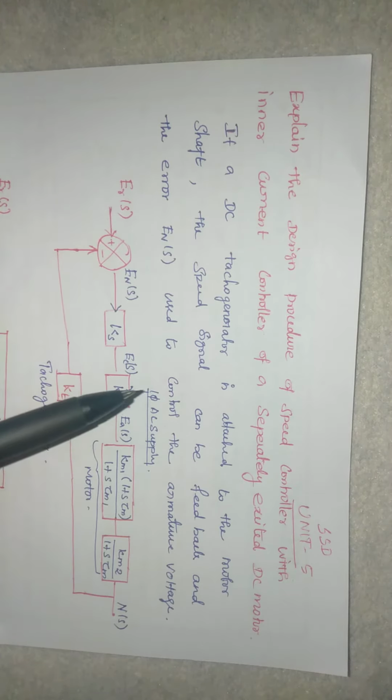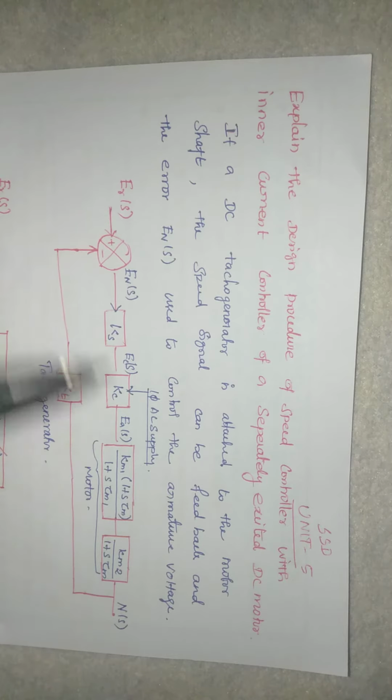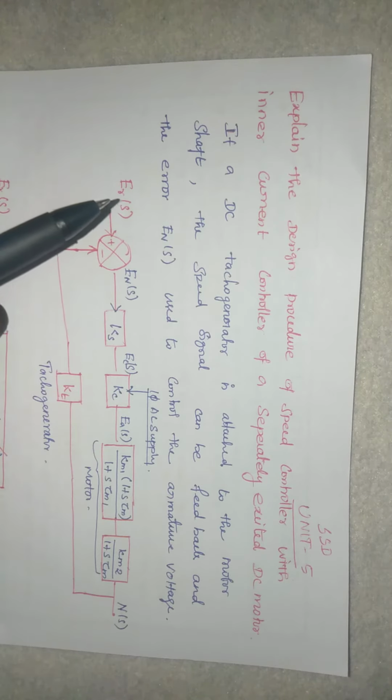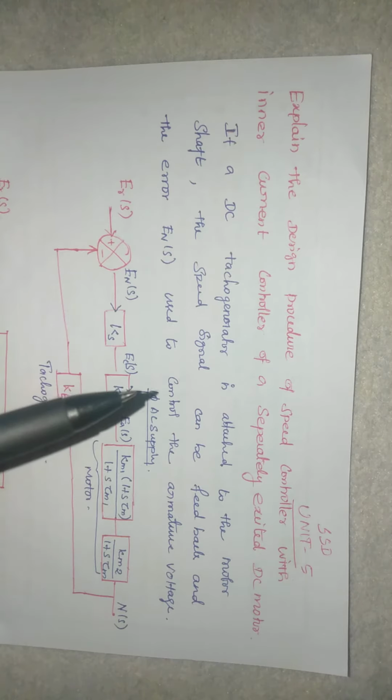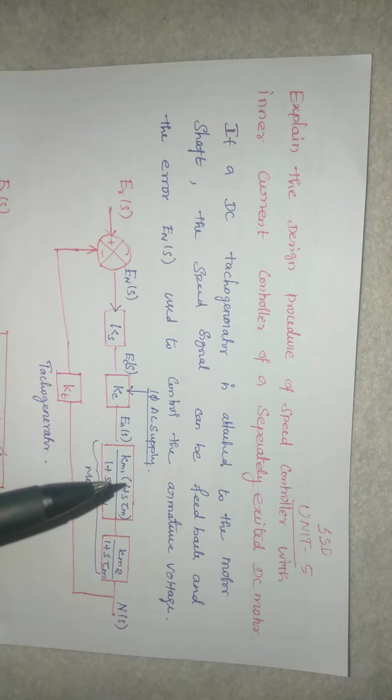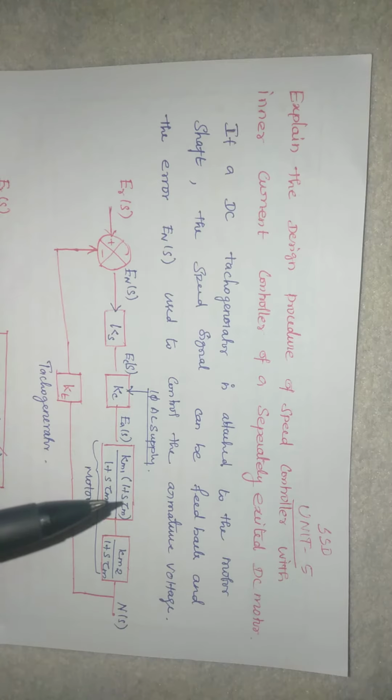Even though we are giving the supply to the motor, based on this reference only, how much speed should be obtained is fixed. If you are giving 230 volt AC supply directly to the machine, it runs at its constant rated speed.